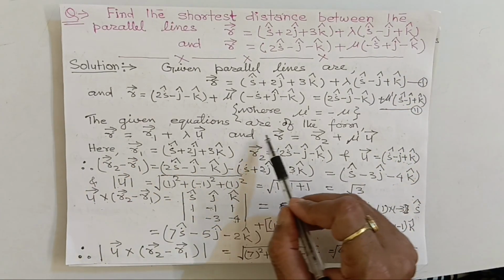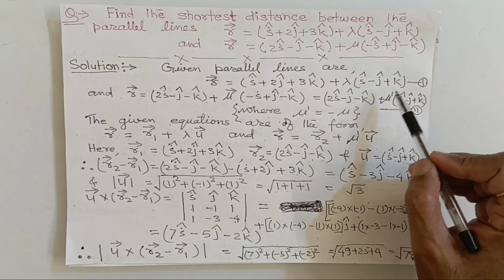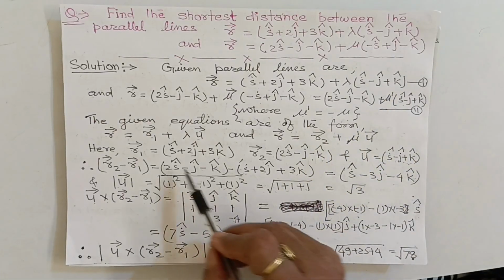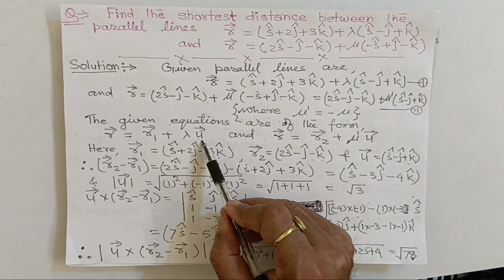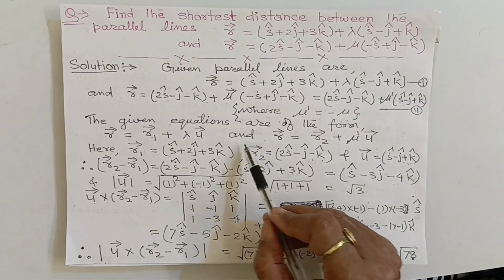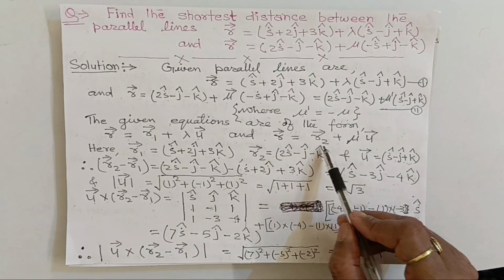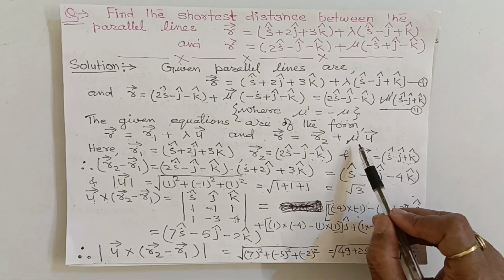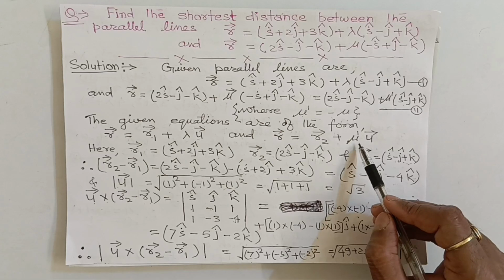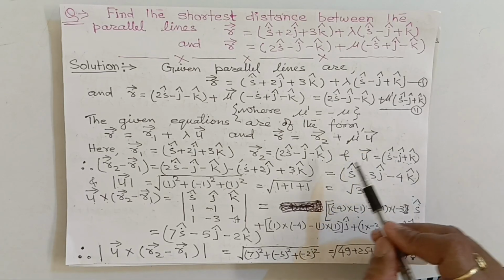These two equations are of the form vector r is equal to vector r1 plus lambda u, and vector r is equal to vector r2 plus mu dash u.